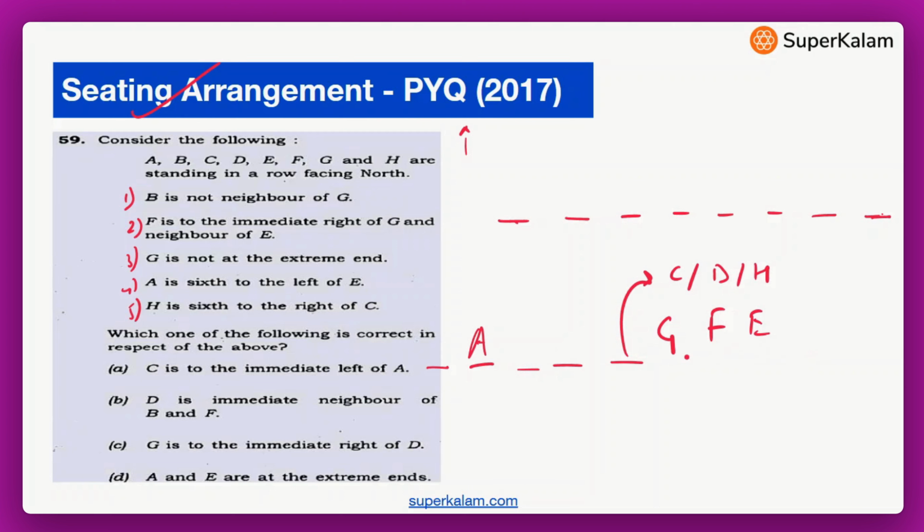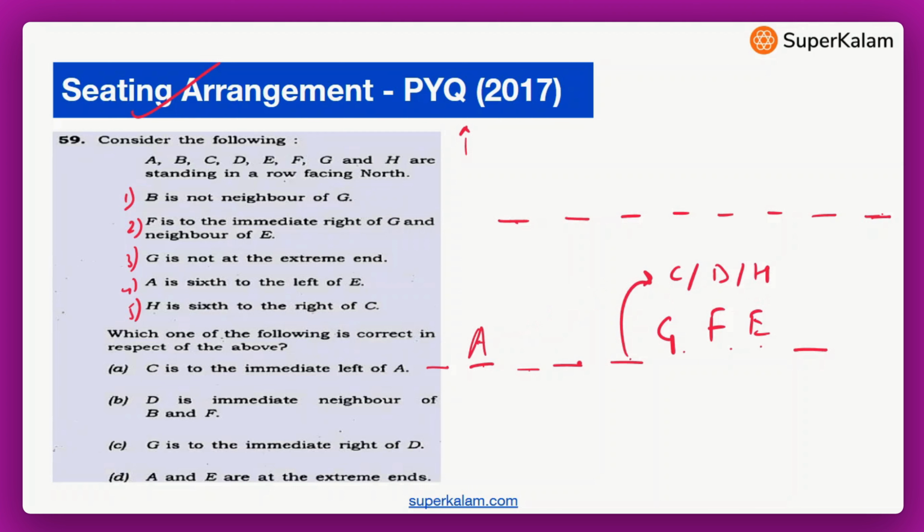Only one of these places will be left, because we have 8 characters to be filled, and we have already seen 7 of them. These three will be there, because A is sixth to the left of E.